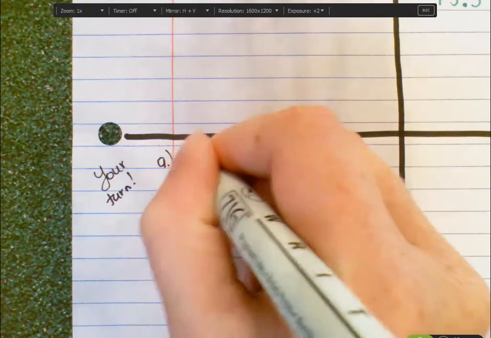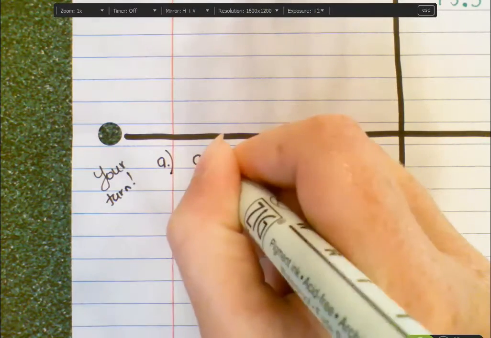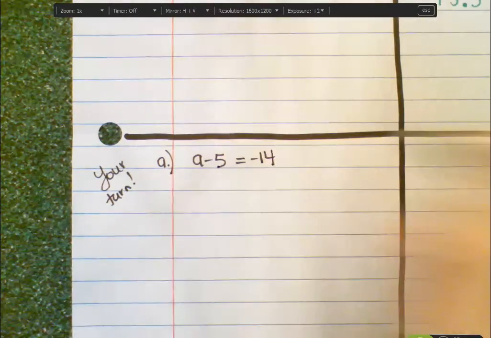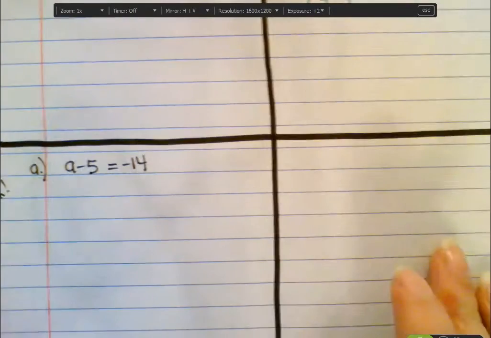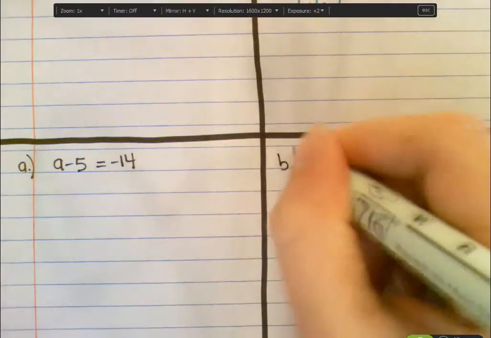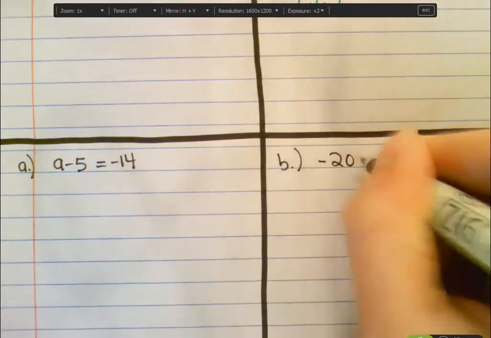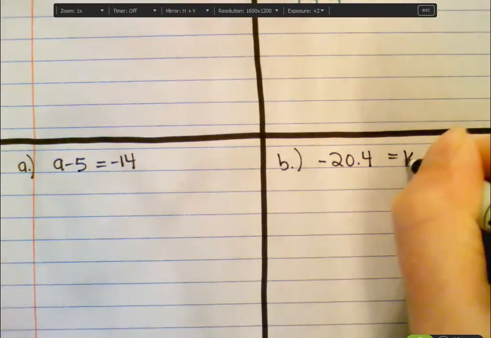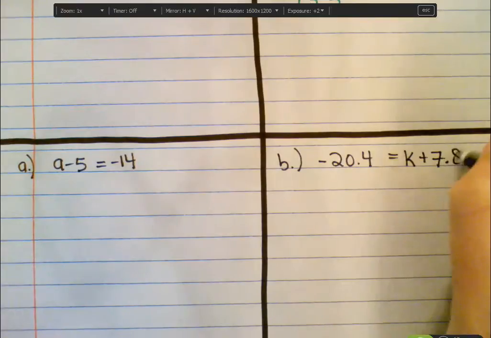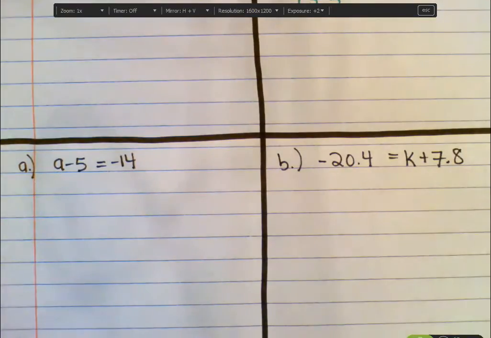It's going to be a minus 5 equals negative 14, and b is negative 20.4 equals k plus 7.8. So if you are watching this, again, I would recommend that you pause the video at this point and come back and check your solutions. Make sure when you find your solutions that you are checking them before you actually say that's your final answer.